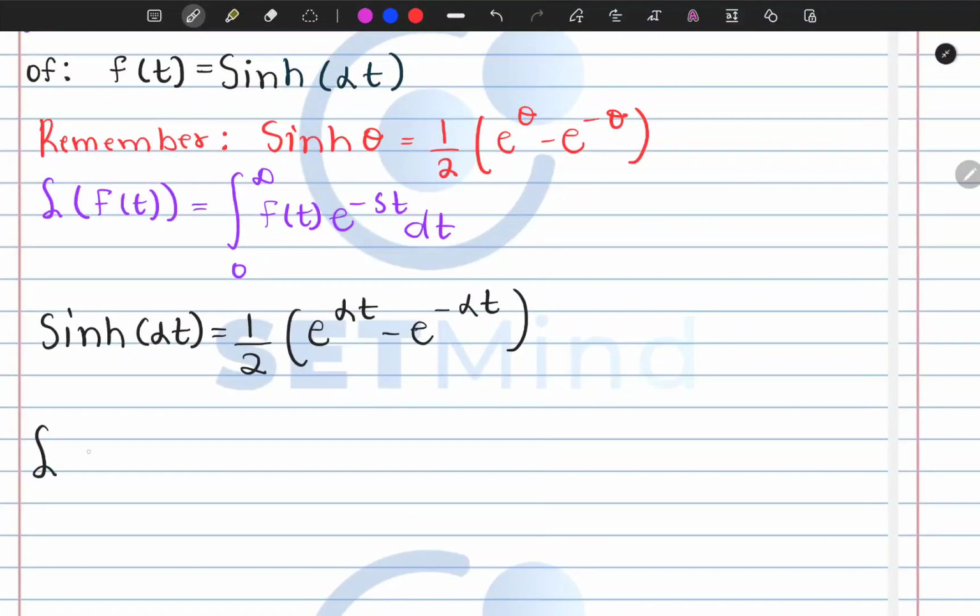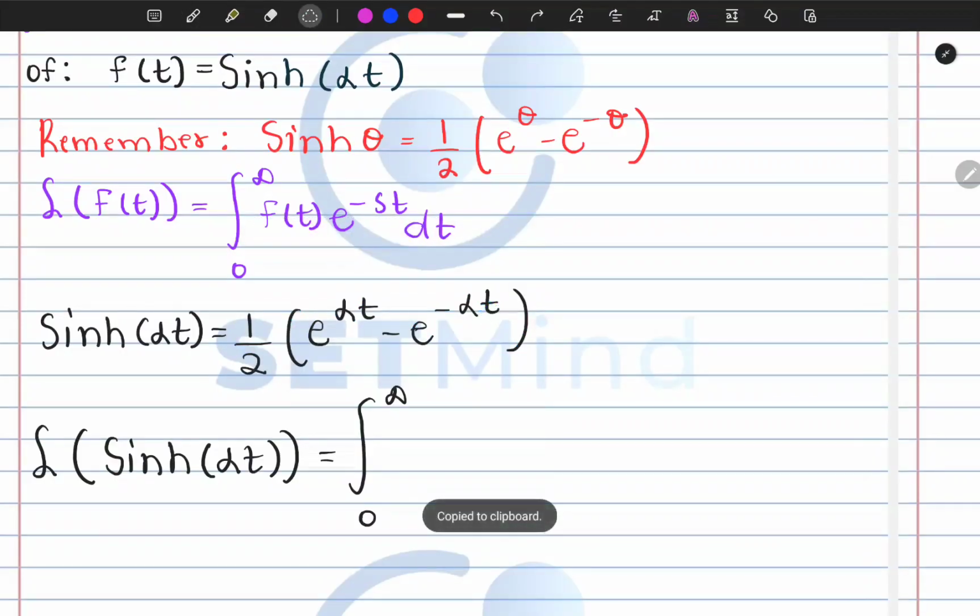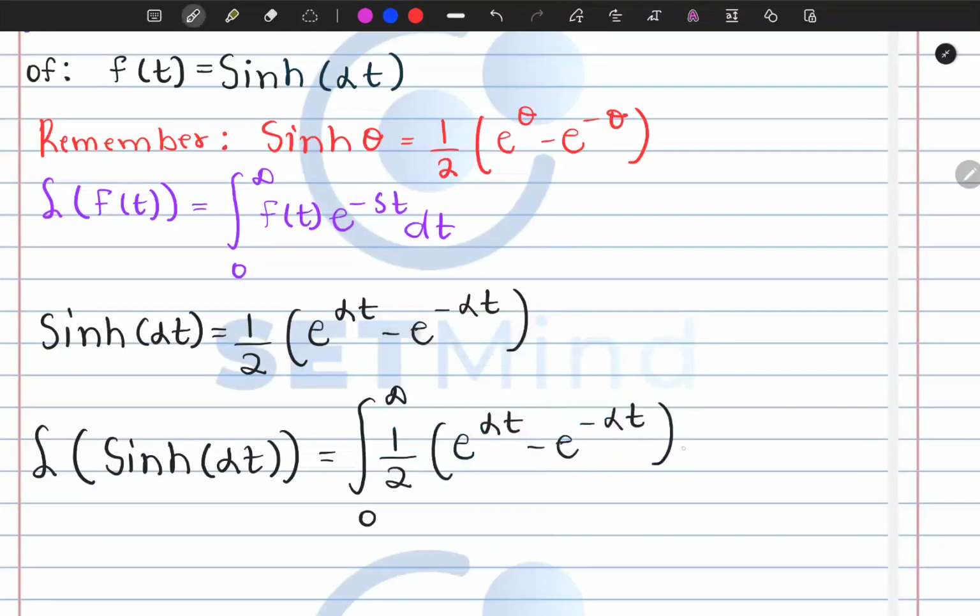So if I'm looking for the Laplace transform of that hyperbolic sine, all I'll be doing is integrating from 0 to infinity of this here. Let's just copy it, and it will be multiplied by e to the negative st, then dt.